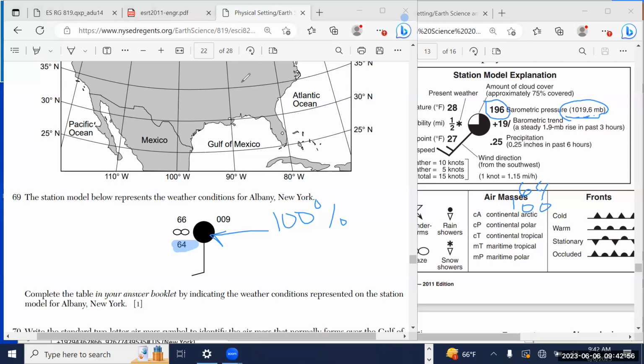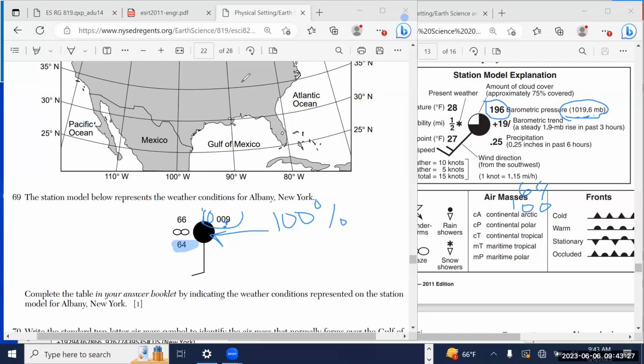The rule is, if it's less than 500, I'm going to add a 10 in front. If it's more than 500, I'm going to add a 9. So I know that this is less than 500, so I'm going to add a 10 in front. And then after that, you add a decimal between the second and last number, which would be right here.